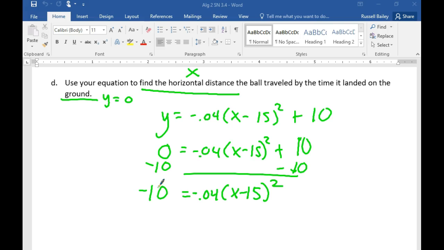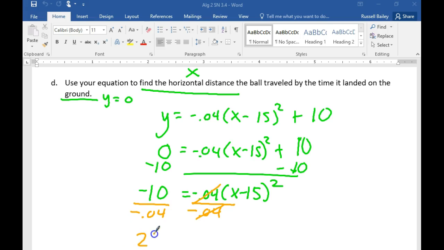All right. Now what? You guys remember? We divide. We divide by the negative 0.04. What's 10 divided by 0.04? Negative 250.